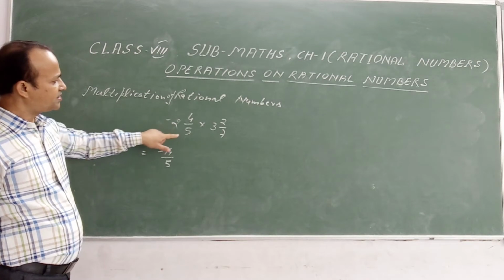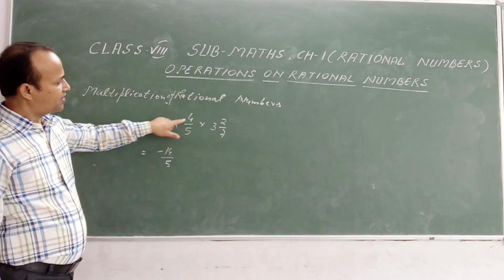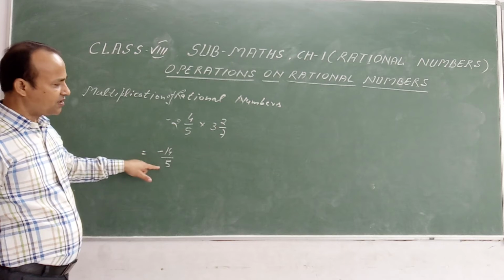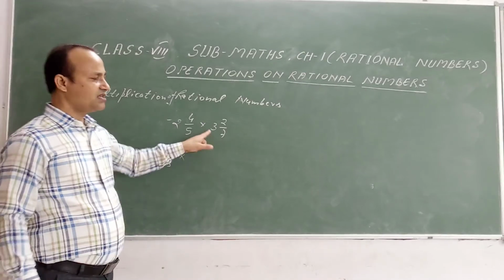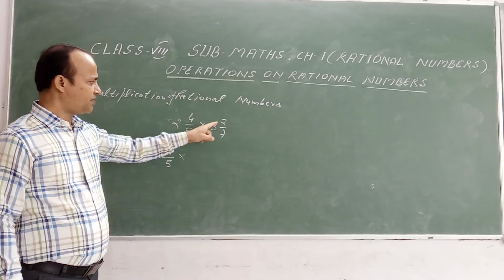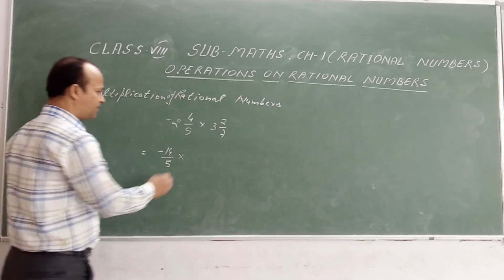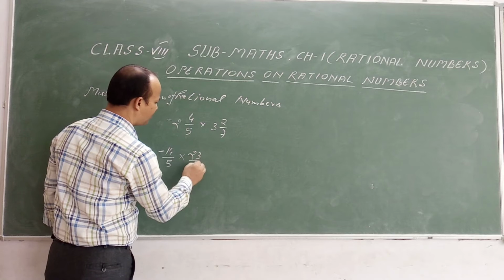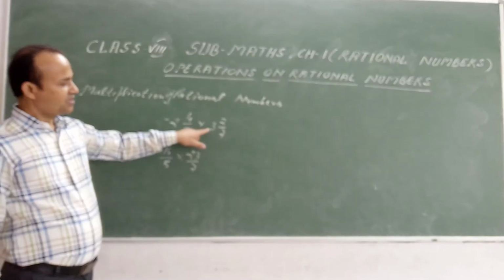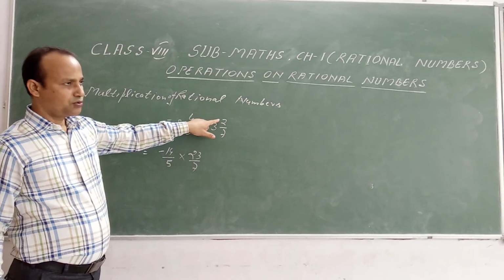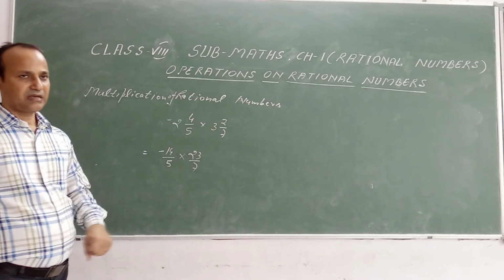That will be minus 14 upon 5 multiplied by 7 3s are 21 and plus 2, that will be 23 upon 7.